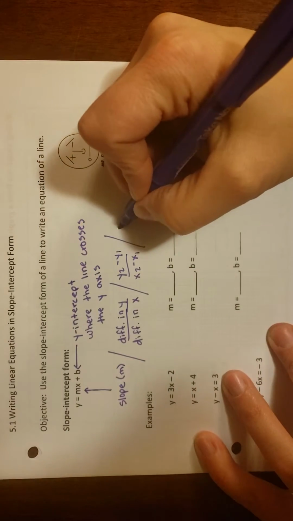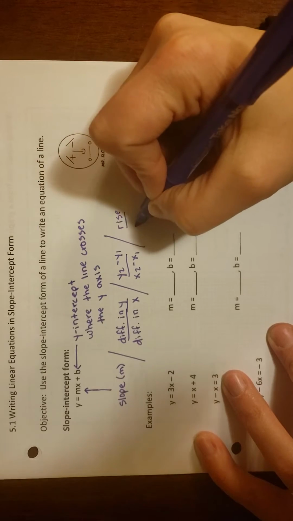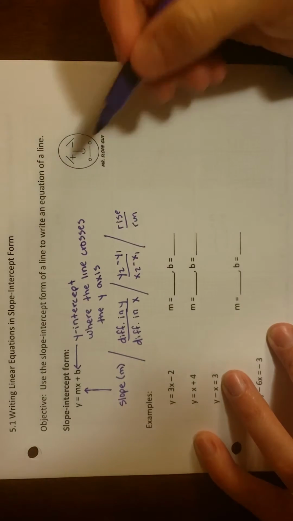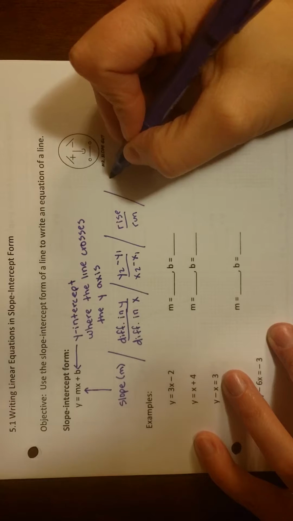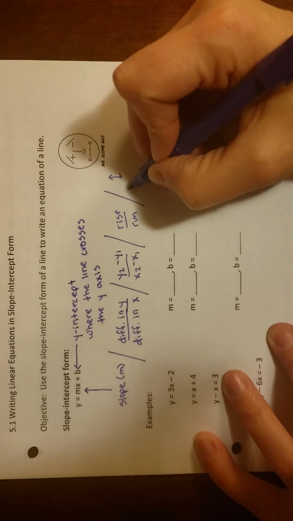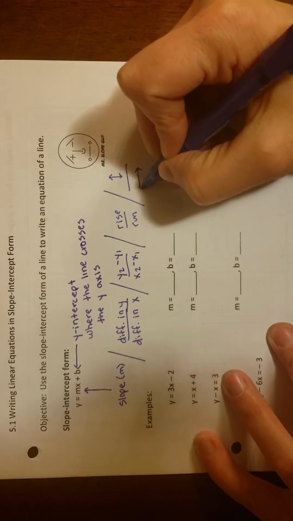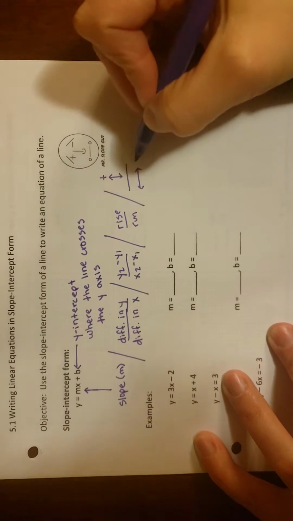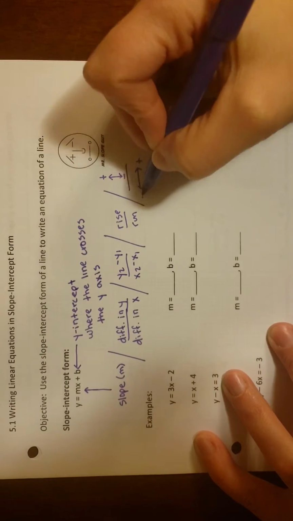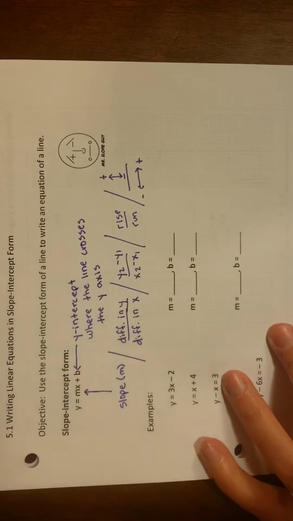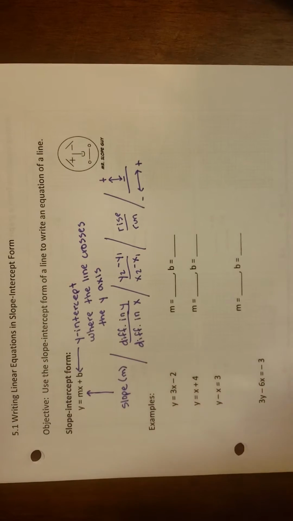It's also referred to as rise over run. And what we do write on a lot of our papers is the up and down over the left and right. Up and right are positive, down and left are negative. And so again, hopefully that's a review for you, but it's good to have it all in one place.